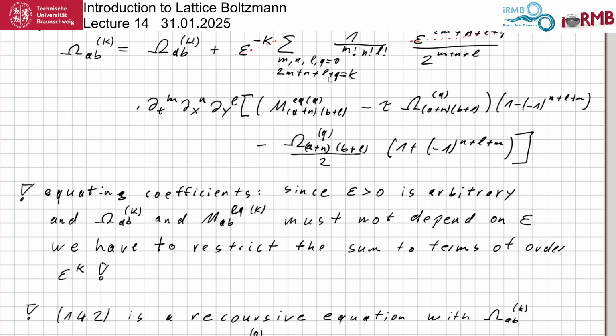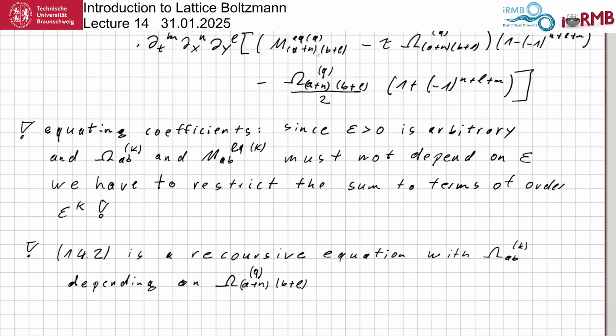And in all other cases, M, N, L, one of them must be larger, so then this Q must be smaller than K. So when you have an omega K, it only depends on an omega Q where Q is smaller than K. And since at omega to the power of 0 they all disappear, this will converge.